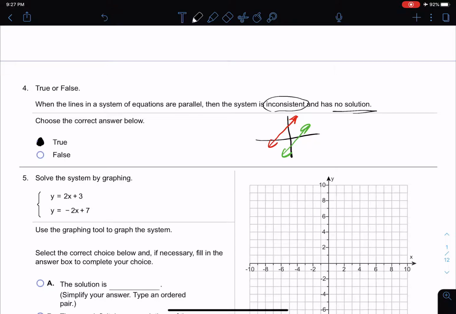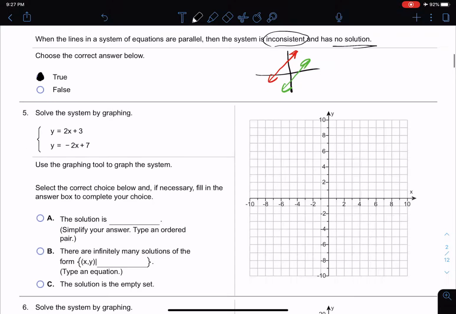Okay, next up, we're going to go ahead and solve the system by graphing. I think what I want to do is use some color here. Let me do my first one in red. And this is beautiful because it's already in slope-intercept form. So that means we start at 3, my y-intercept. And my slope is 2 over 1, which means up 2 and right 1.